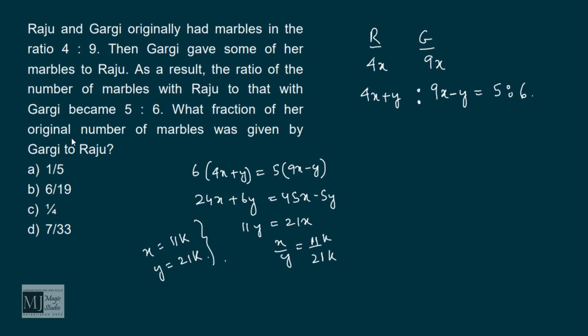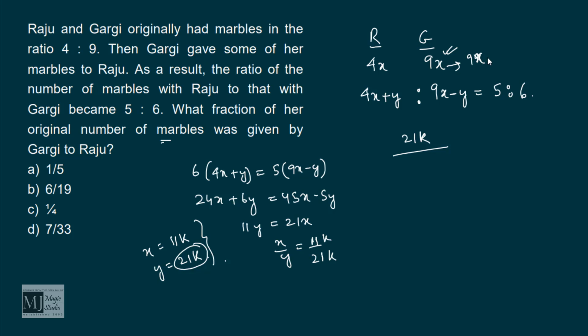What fraction of her original number of marbles, that is 9x, was given by Gargi to Raju? Gargi has given y marbles, y is 21k, upon the original number of marbles.